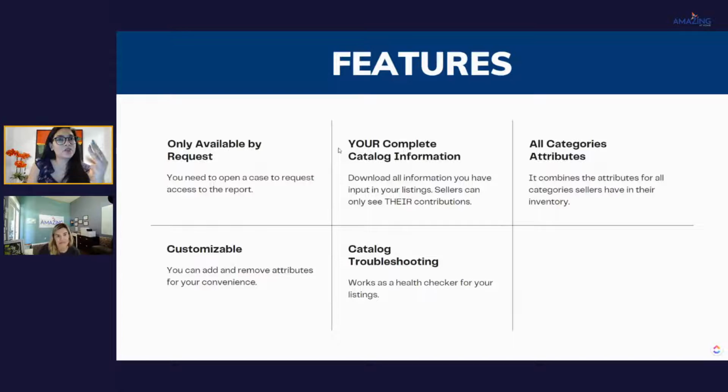And the third one is, Amazon will not only see the amount of sales that you have for that specific ASIN, but it will also take into consideration how many products you have in your catalog from that brand.